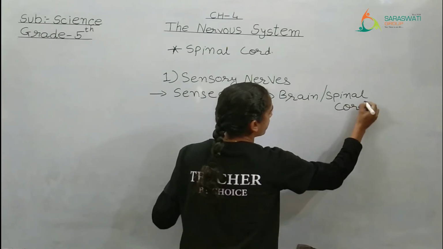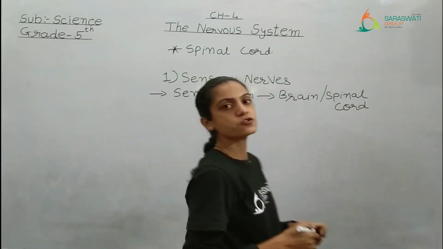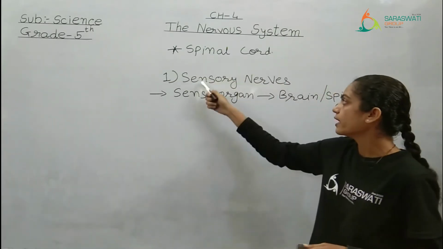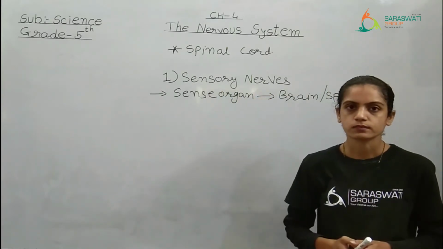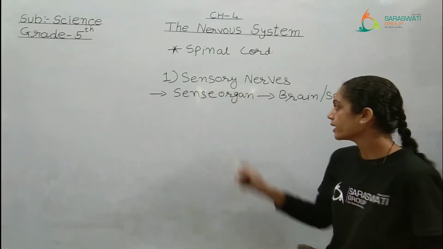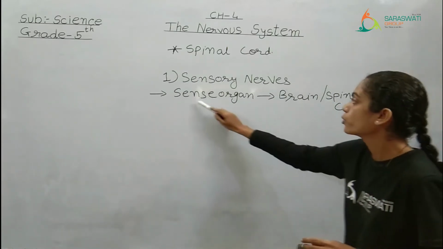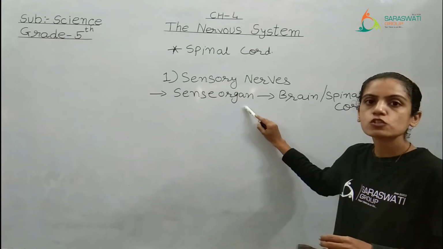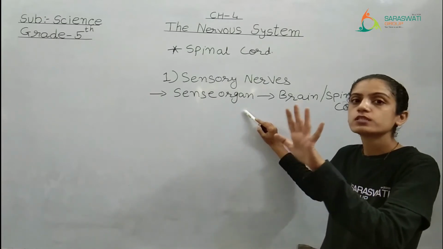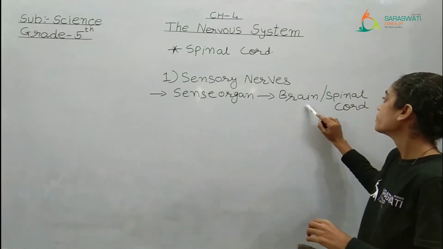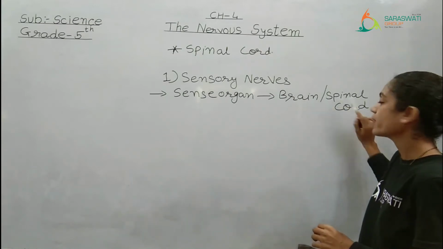Right? Just because they are collecting the message from the sense organ, the name is sensory nerves. Again I am repeating, the main function of the sensory nerve is to collect the message from the 5 sense organs. It will pass the message to brain, spinal cord.